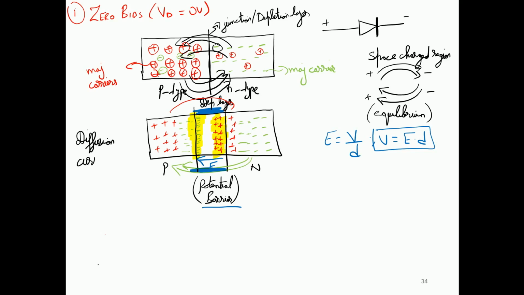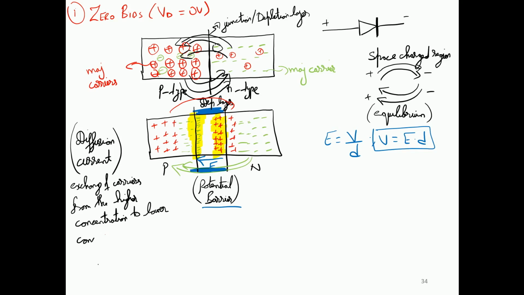So keep in mind that this current doesn't flow, but this is just created because the positive charges have moved to the lower charges and the lower charges have moved to the positive side, or we say that diffusion current is basically created because of exchange of carriers from the higher concentration to lower concentration.